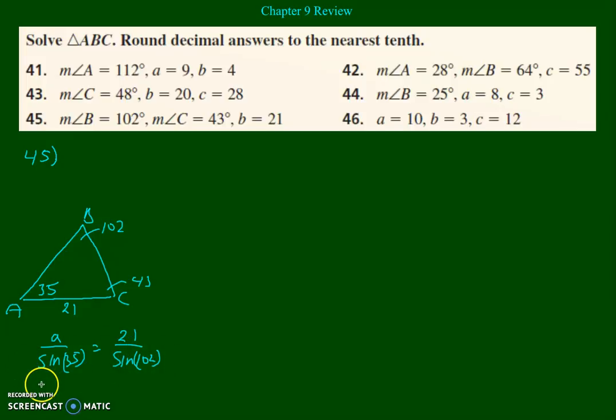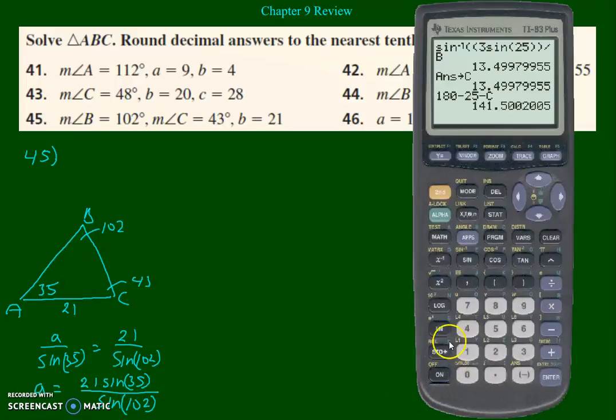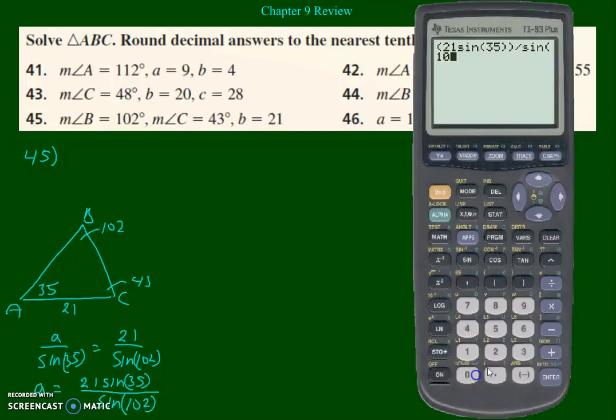Multiply by sine 35, A equals 21 sine 35 over sine 102. Let's go ahead and calculate that. We have 21 sine 35 divided by sine 102, which is 12.3. So we're going to go ahead and store that.